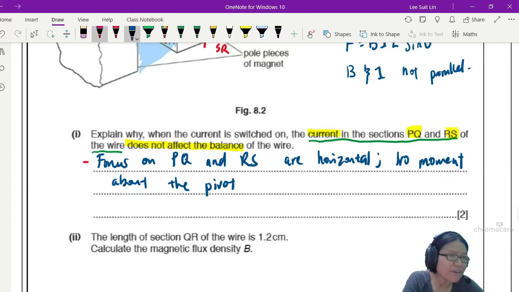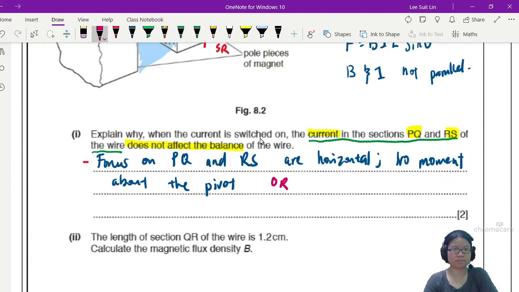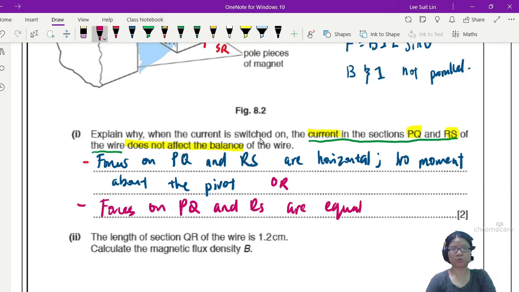And furthermore, the forces on PQ and RS are equal in magnitude and opposite in direction.